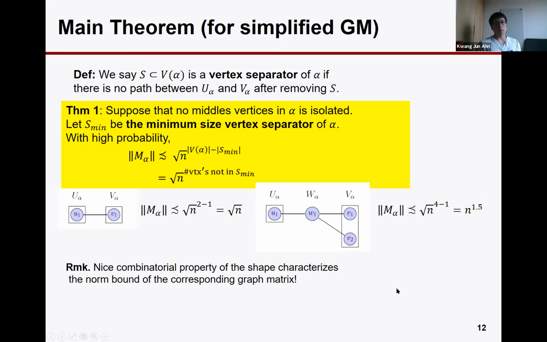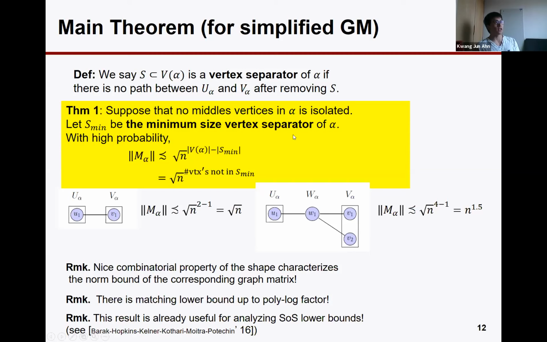So some remarks are in order. It's very interesting because the combinatorial quantity of the shape characterizes the norm bound of the random graph matrix. And actually this upper bound is tight up to polylogarithmic factors because there's a matching lower bound. It's also in our paper.